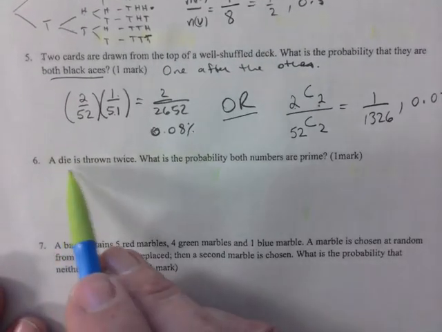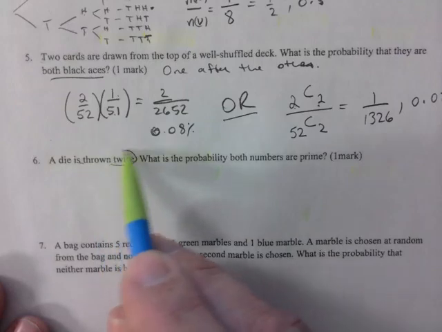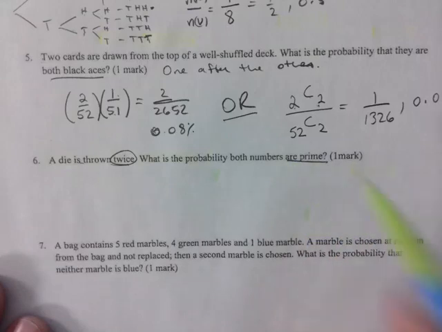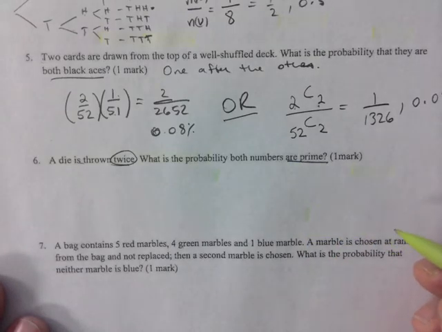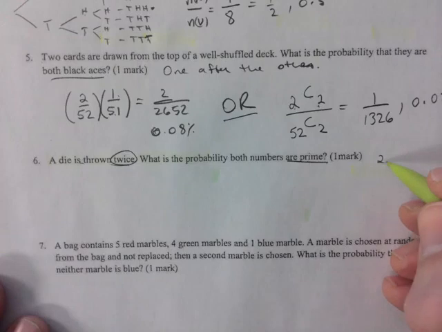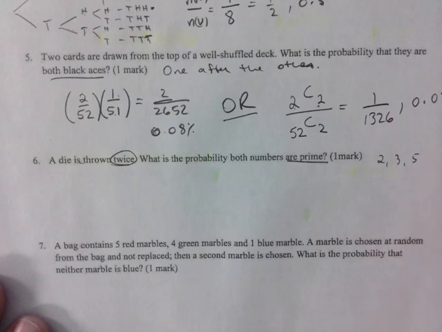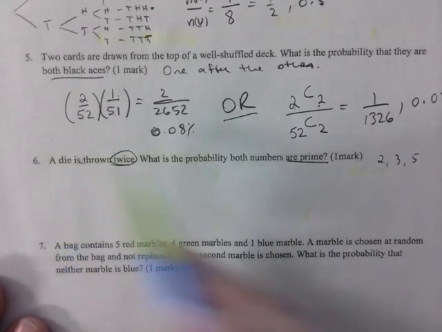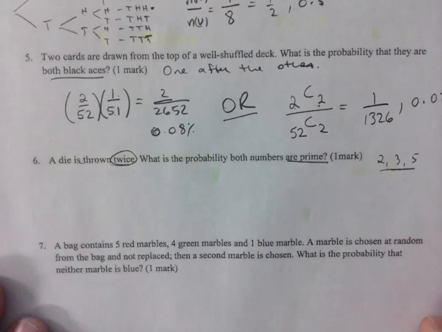A die is thrown twice. That's very important there. What's the probability that both numbers are prime? What are our prime numbers again? 2, 3, 5. Right? It keeps going 7, 11, and so forth. But within our die, we're assuming 1 to 6. So these are the only ones that are acceptable.